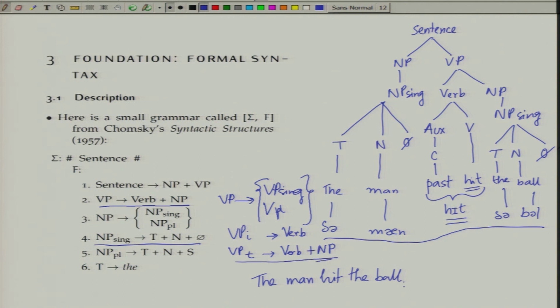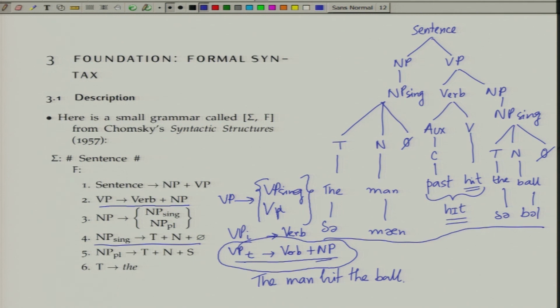So a structure like the man hits the ball could come under this rule, where hits the ball is of this type. There is a transitive verb, and the man sleeps or the ball sleeps or anything like that. It's nonsensical to say the ball sleeps, but syntax will be indifferent to such a sentence.